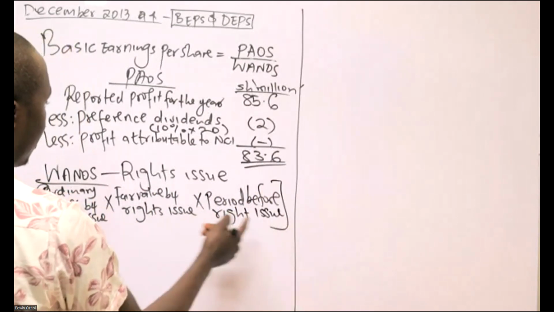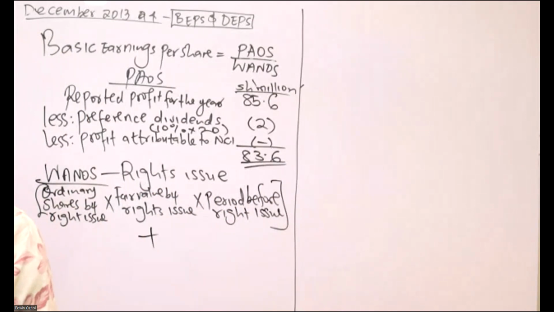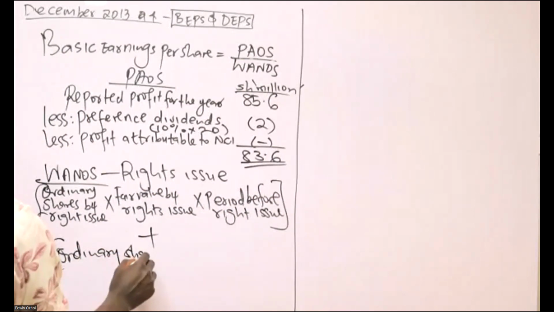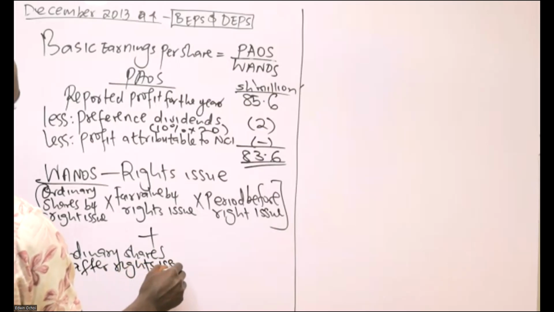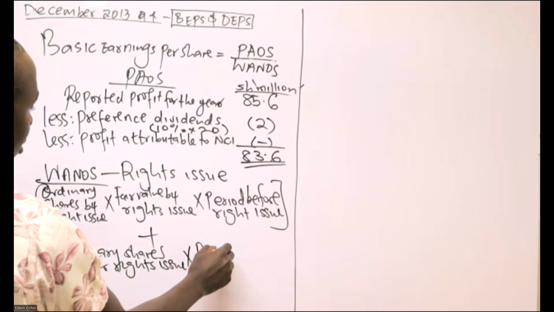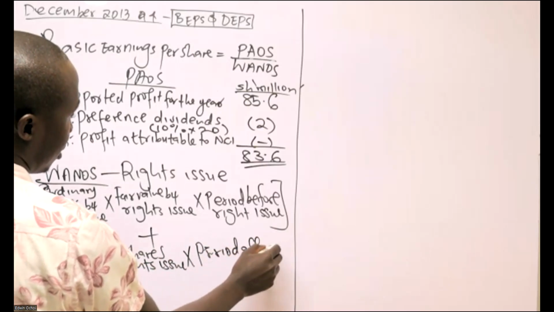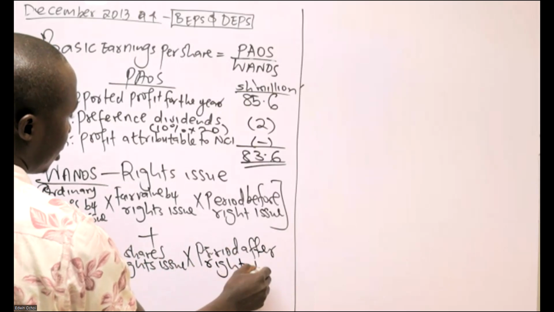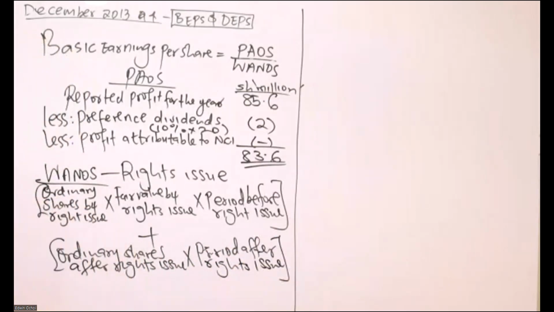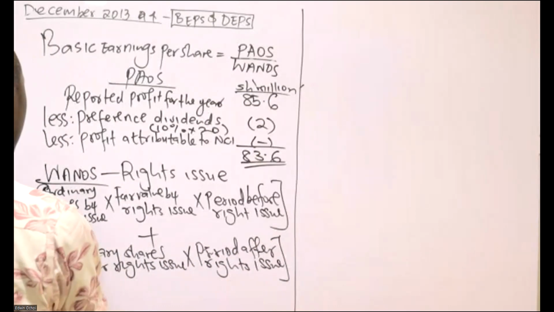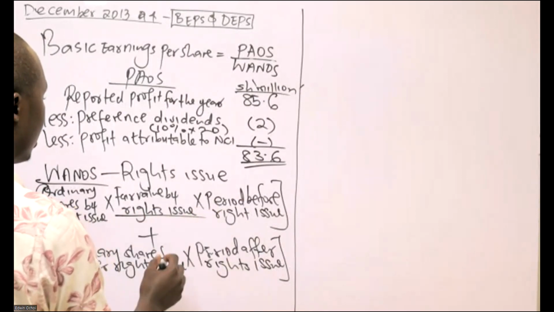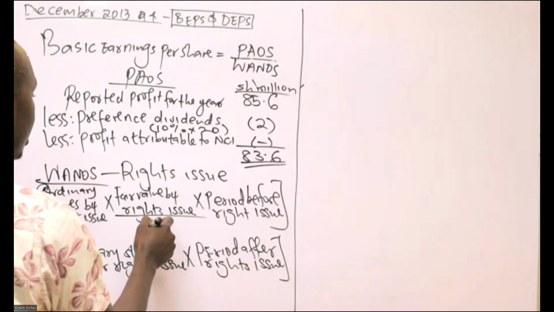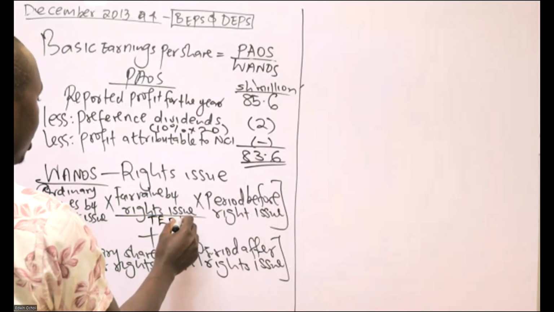So what you have from our first formula, you add ordinary shares after rights issue, times the period after rights issue. Here there's something we need to include: the fair value before rights issue divided by the theoretical ex-rights price.